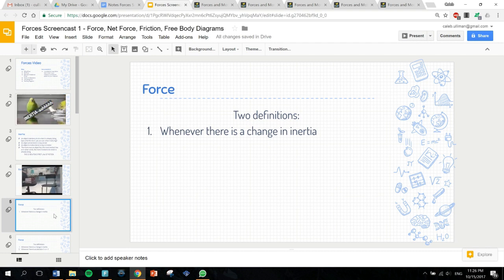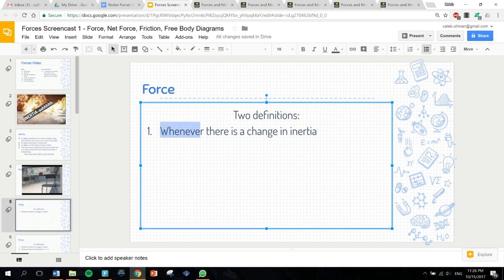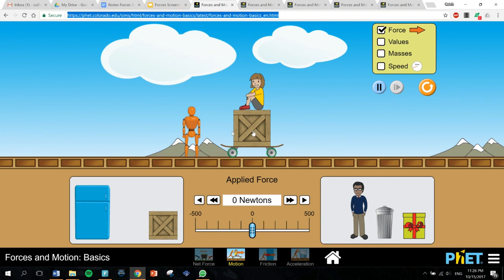So there's two different definitions, which are really just one definition, but we're going to say it as two definitions right now. The first one is that there's a force whenever there's a change in inertia. For example, we have here a box on a skateboard with a young child sitting on top of it.